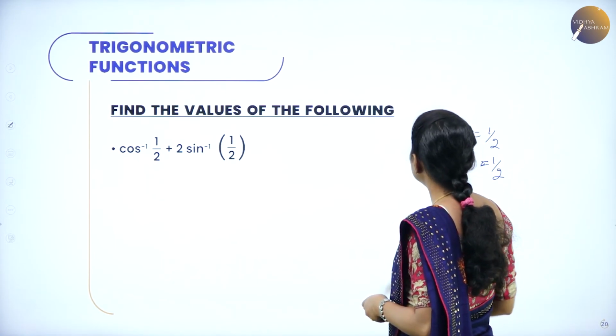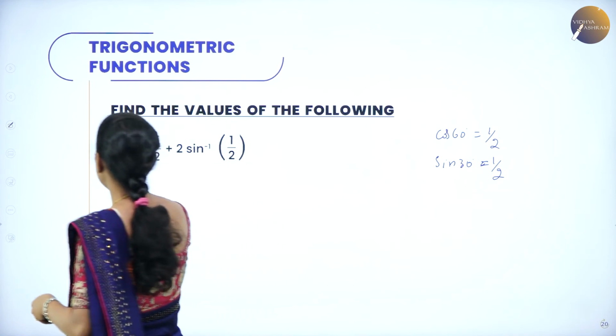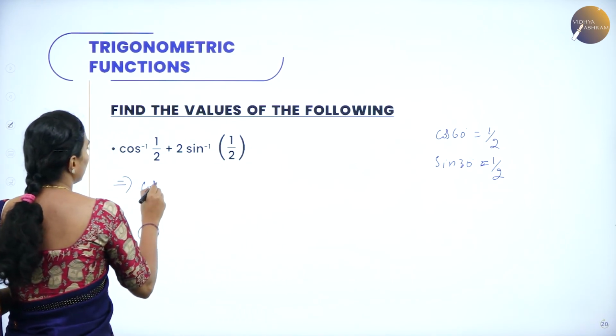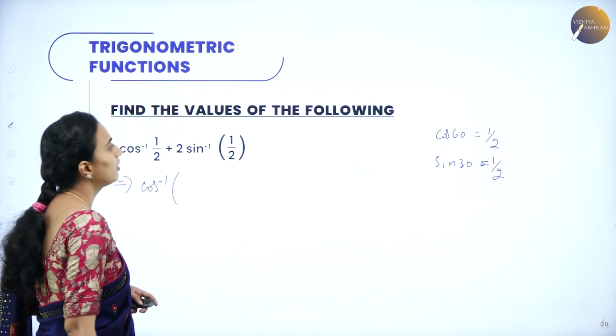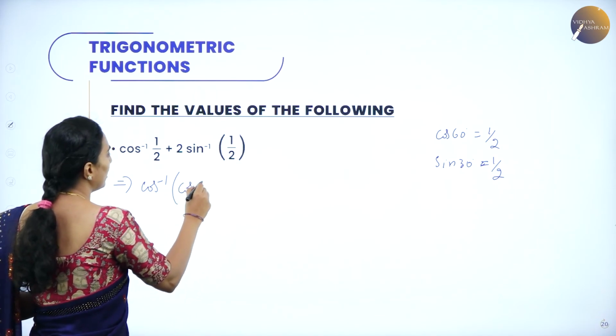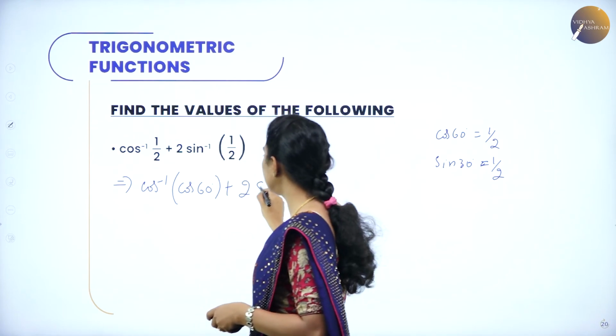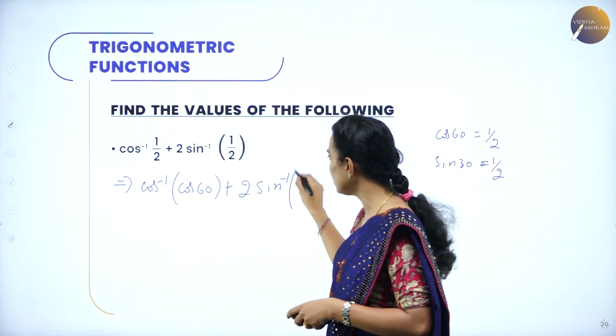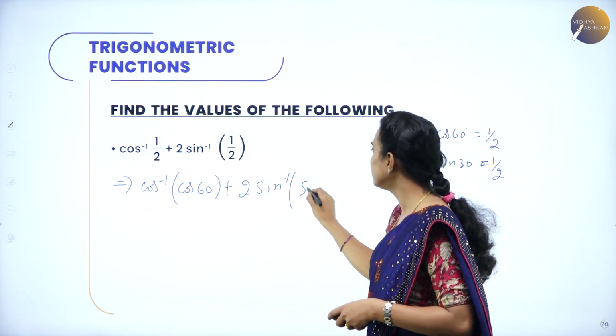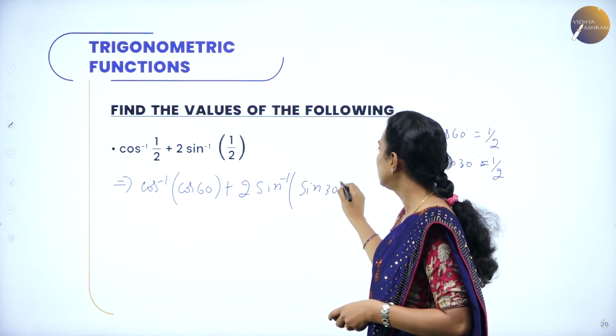Right? Now what can I write for this one? Cos inverse of cos 60 degree plus 2, as it is, I am going to write sin inverse of, what is 1 by 2? Sin 30 degree. Right?